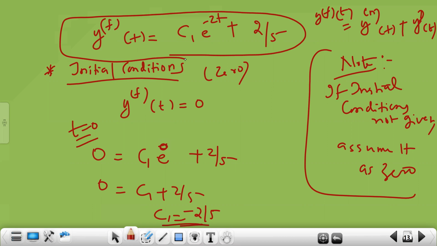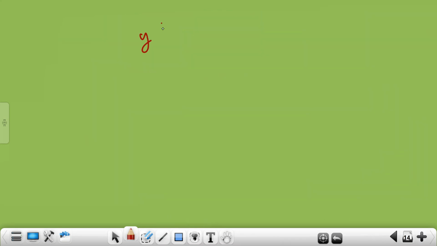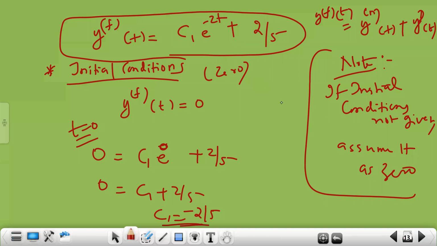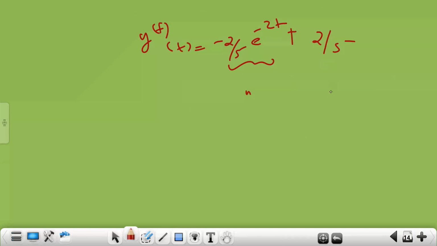So the answer will be y f of t equal to minus 2 by 5 e to the power minus 2t plus 2 by 5. This is your natural response. This is your particular solution or y p of t.